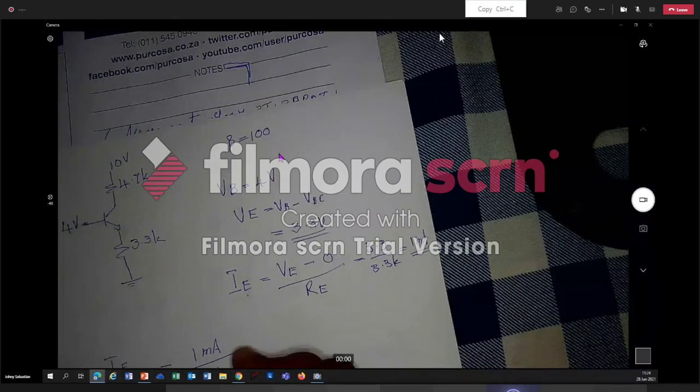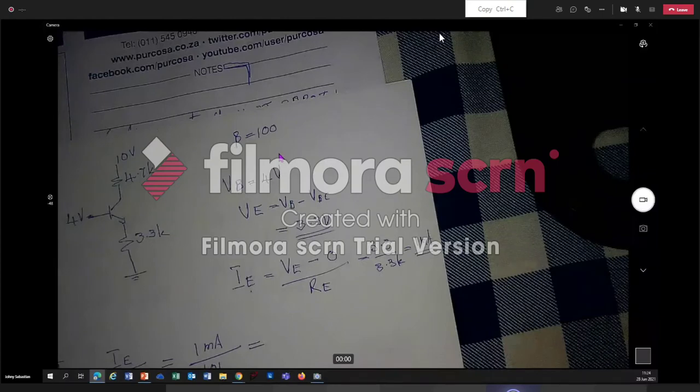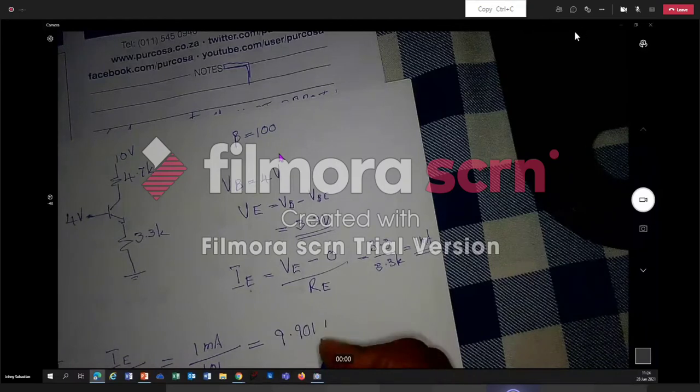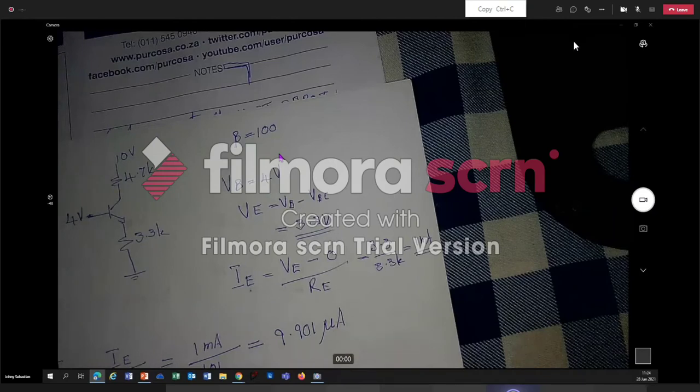Somebody please calculate it for me. 9.901 microampere. Now you can work out the collector current.